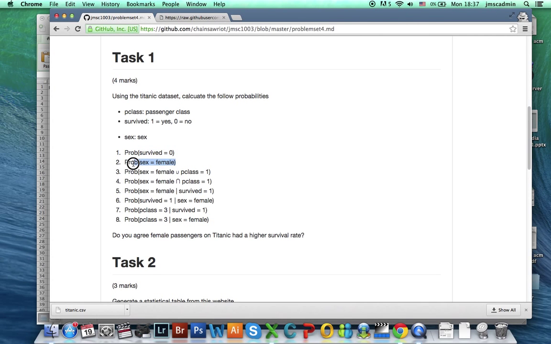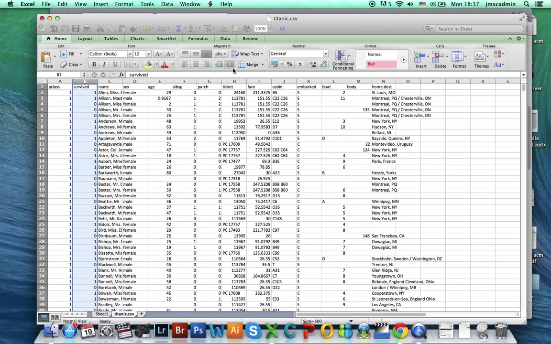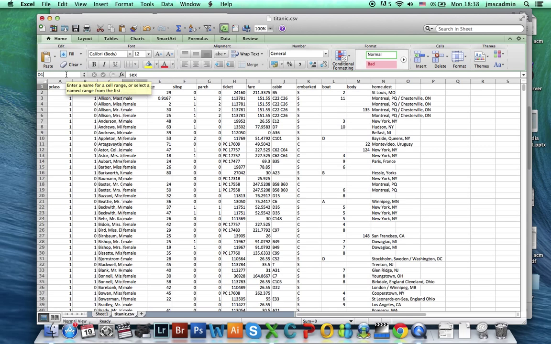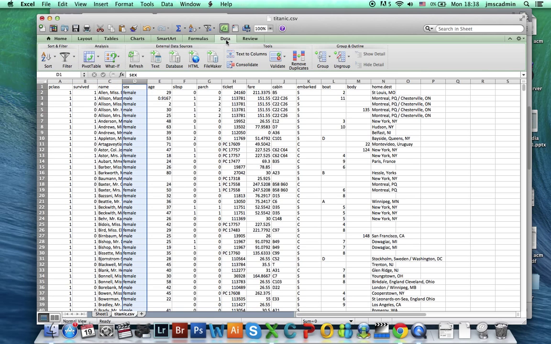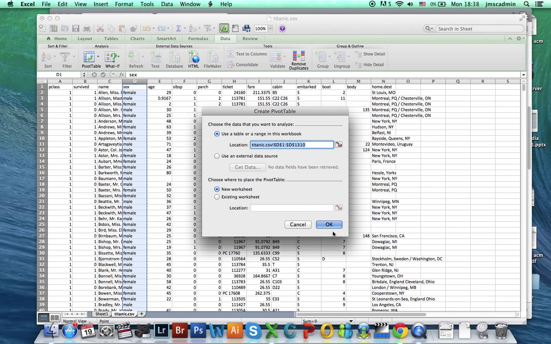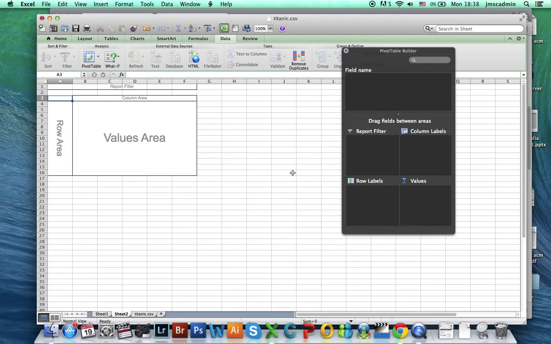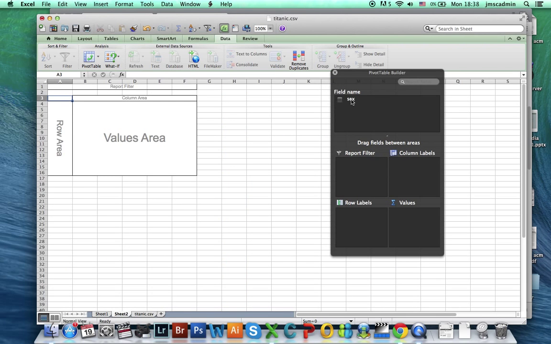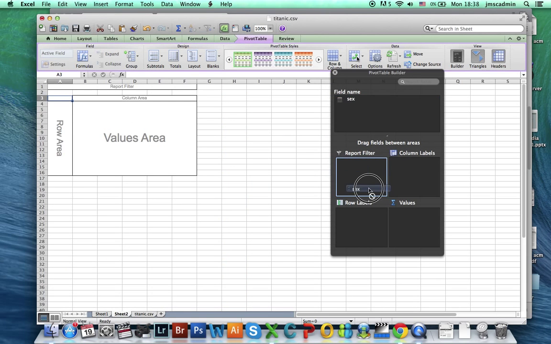And then the second one is very similar. We can do it very quickly. D1 up to D1310, and then create a pivot table. Like this.